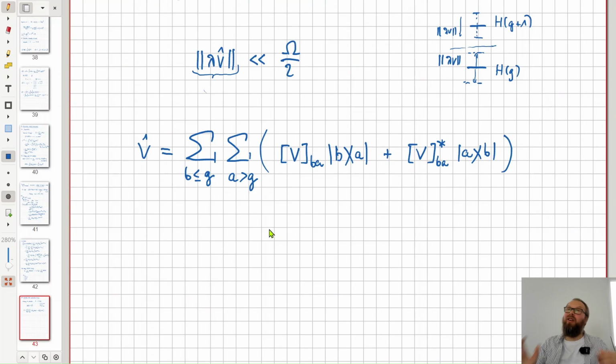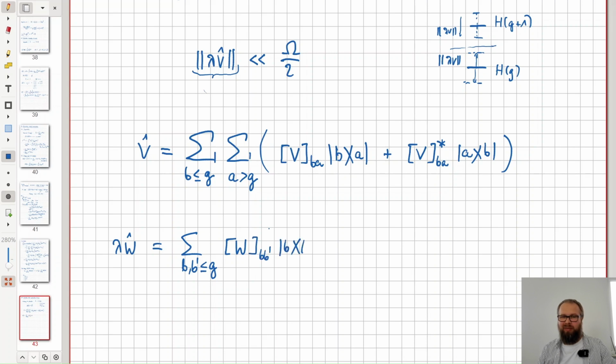If there was a perturbation, let's say W, that would live inside the low energy block, you would have B prime below G, and you would have W, B prime, B prime.